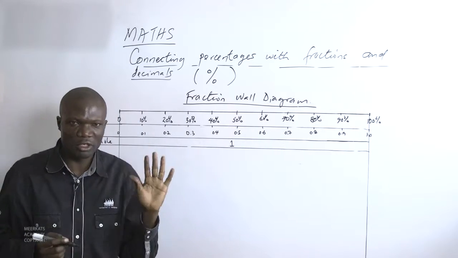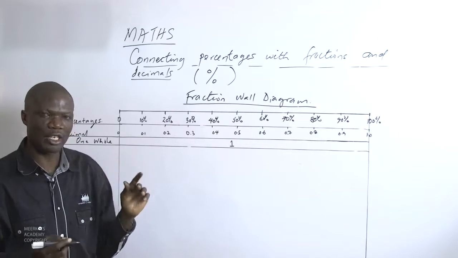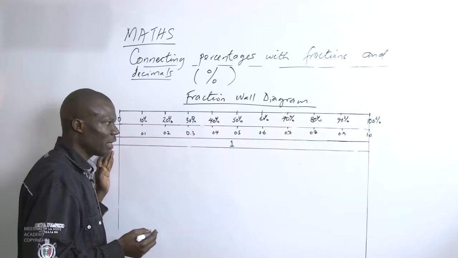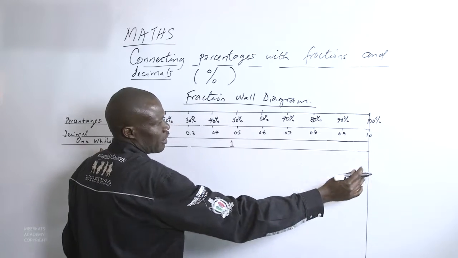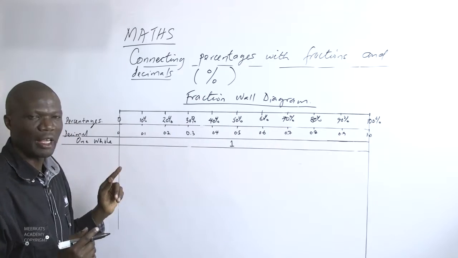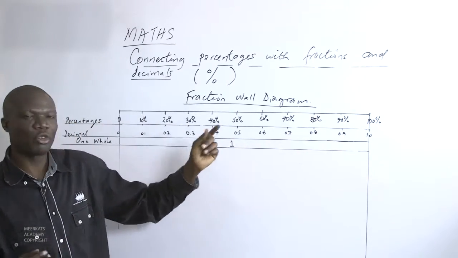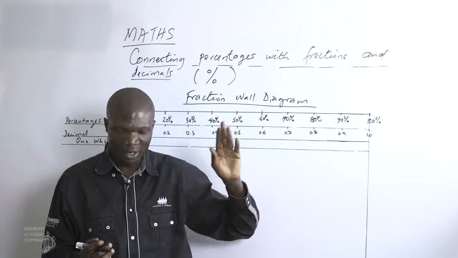There is no division, there is no fragmentation, there are no scales, but we are saying from the beginning to the end represents one whole, which means 1 is equivalent to 1.0. 1 is equivalent to 100%.